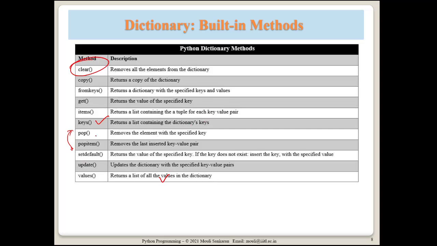Whereas pop gives you the last item that has been added. Since I said that it is maintaining the order, you can get the last item that has been added to the dictionary. And then setdefault, I will tell you with an example, it will become clear. Okay.